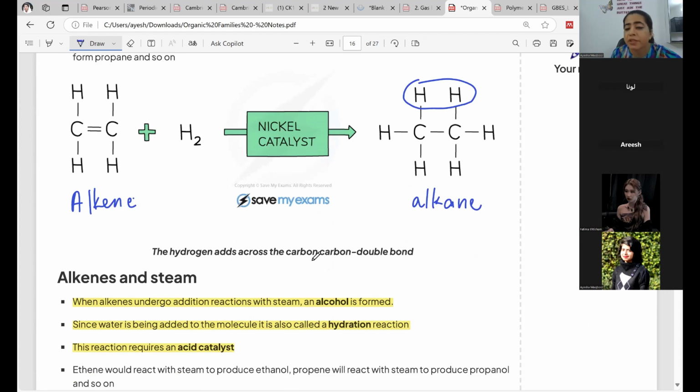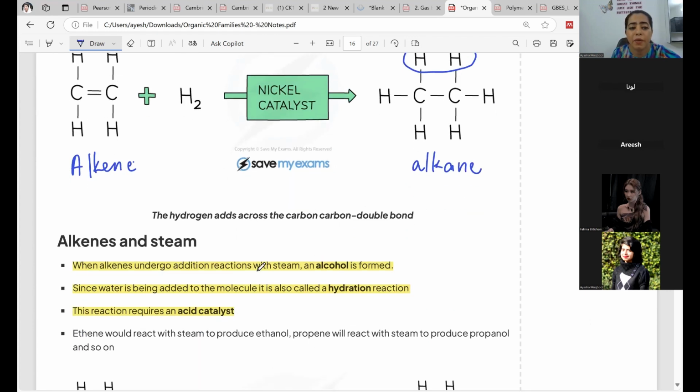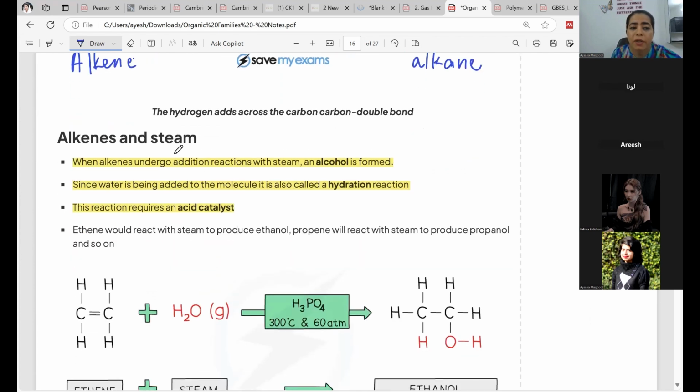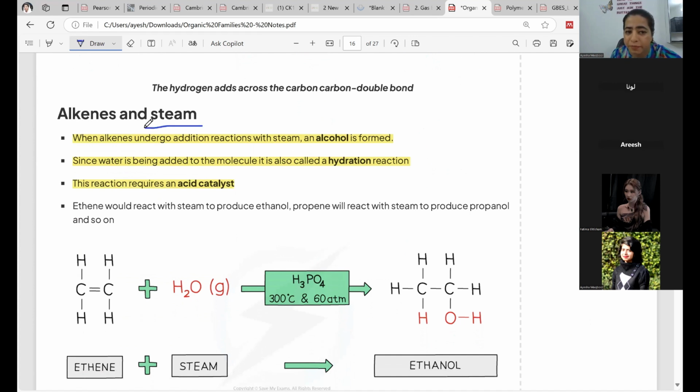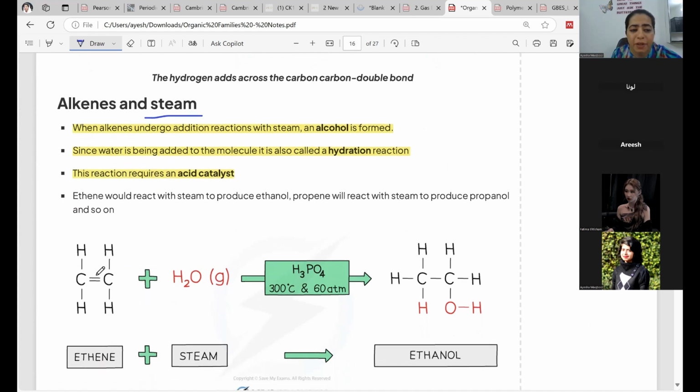Then some other addition reactions are possible as well. We can add water, but in the presence of some heat, so we can say addition of steam. Steam means water in gas form. With the carbon-carbon double bond, the water, HOH, is going to add: one carbon gets H after the bond breaks and the other carbon gets OH.